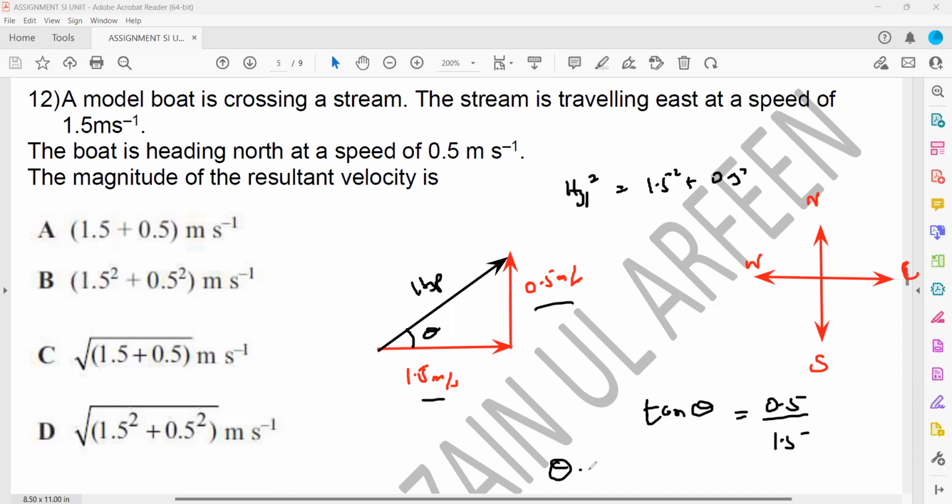So if we need the angle theta, that will be tan inverse of 0.5 divided by 1.5. This will give us the angle. It's not there in the question, they did not ask, but if there was a question to get the angle, you will always use a trigonometric ratio, depending on what quantities you have. Normally we have perpendicular and base, but if you don't have those, then you can use another trigonometric ratio.